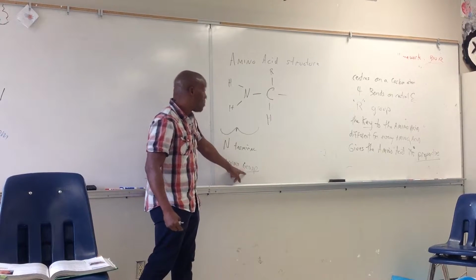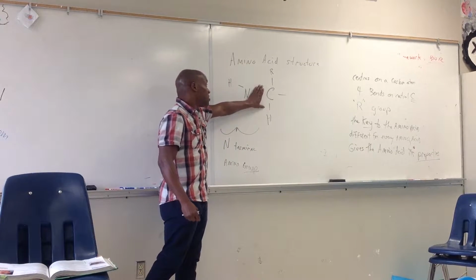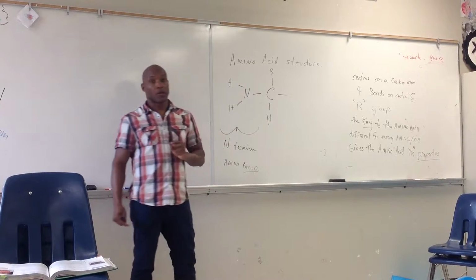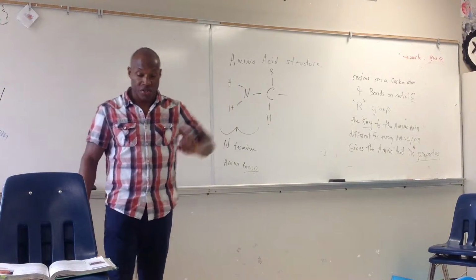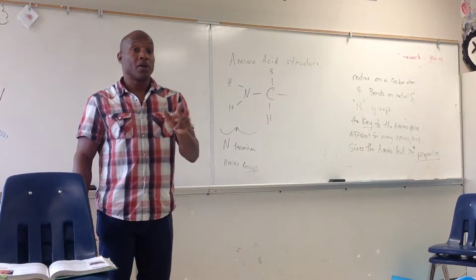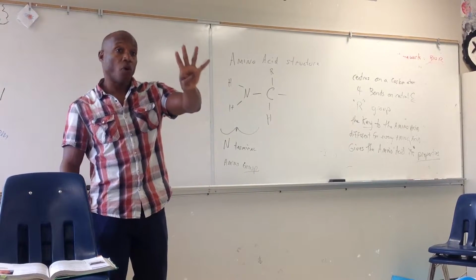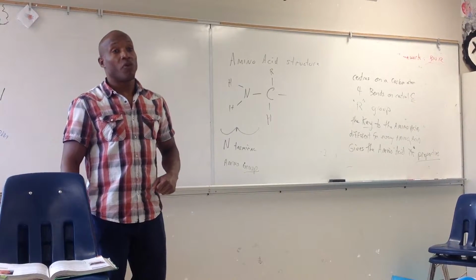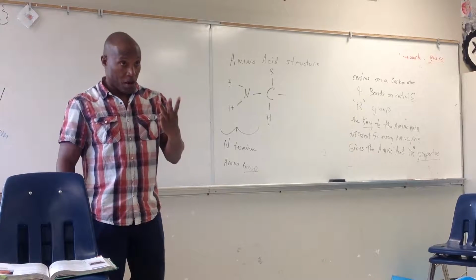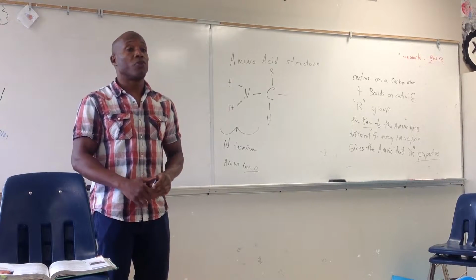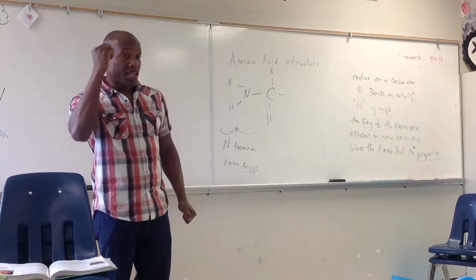You have to remember that while carbon can form 4 bonds, nitrogen can only form 3 bonds, and oxygen can only form 2 bonds. You got to keep that in your head.